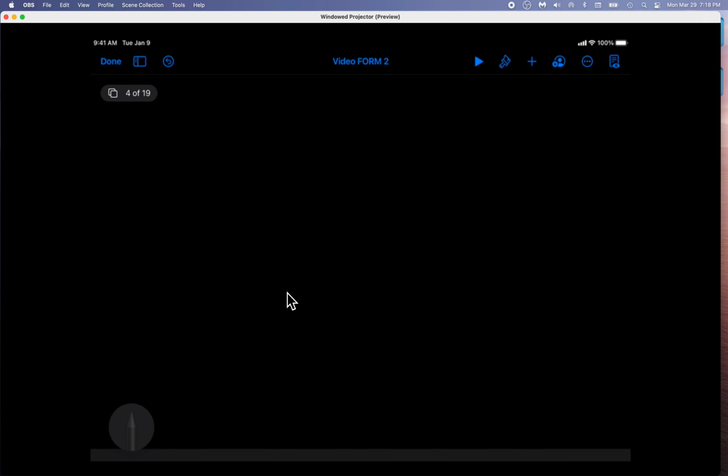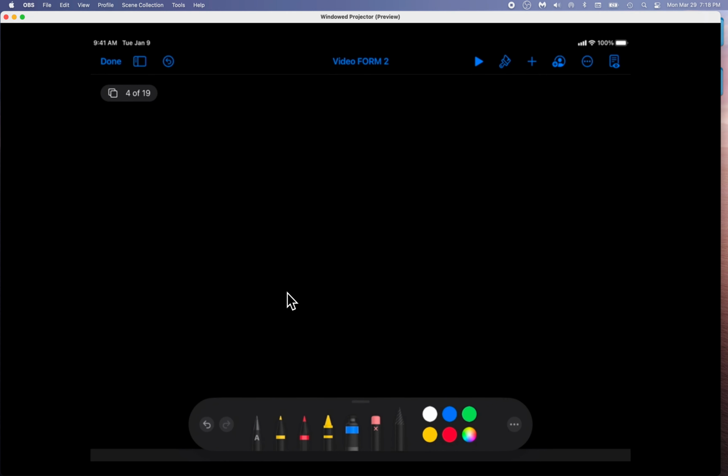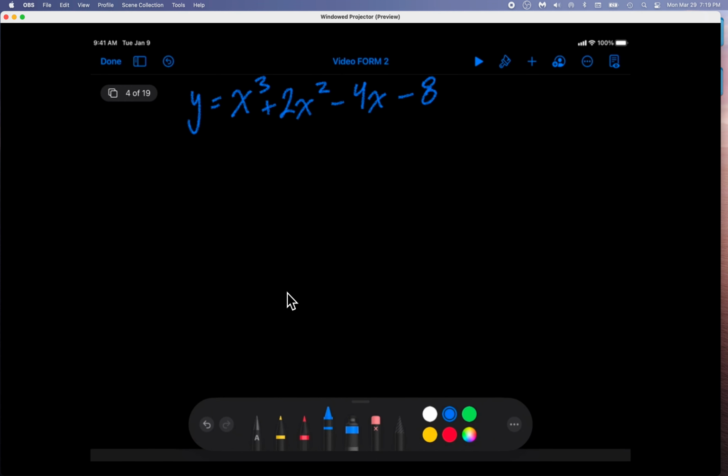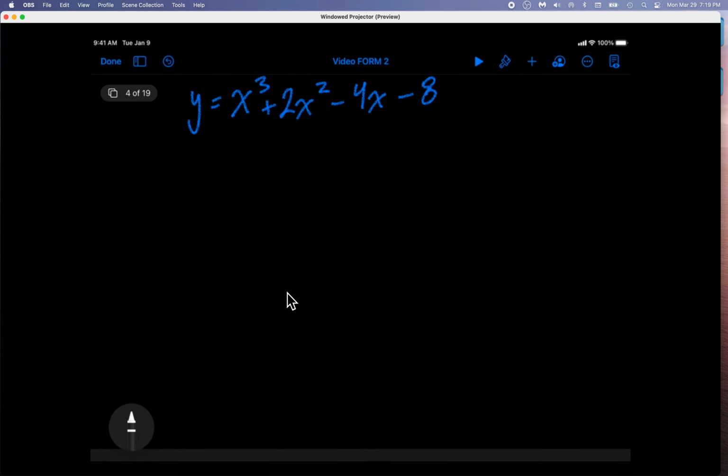Okay, I believe we had one more. We have y equals x cubed plus 2x squared minus 4x minus 8. What's the intuition on this graph?